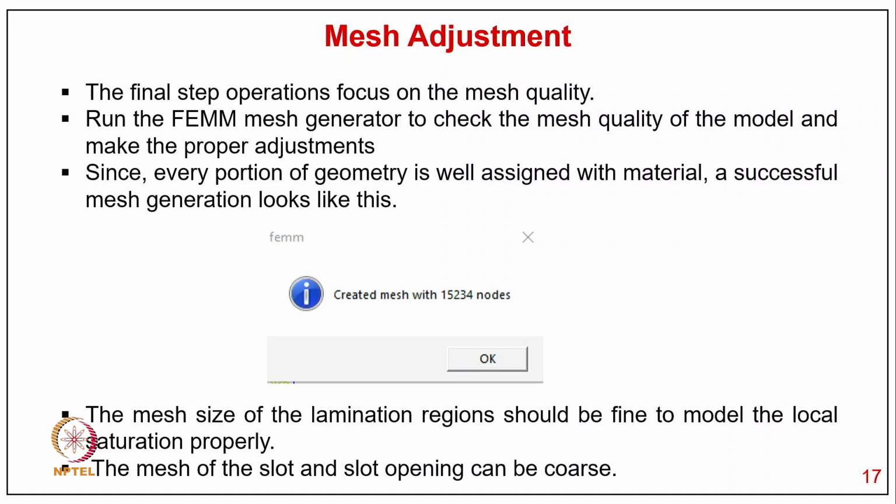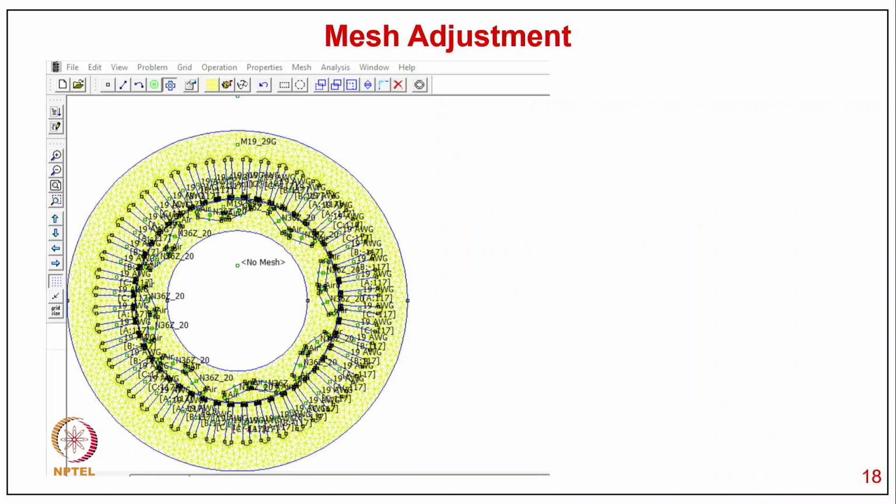The mesh size of the laminations region should be fine to model the local saturation property, and the mesh of the slot and the slot opening can be coarse.